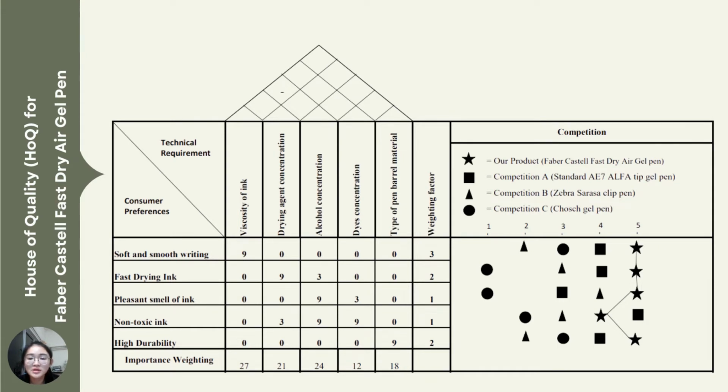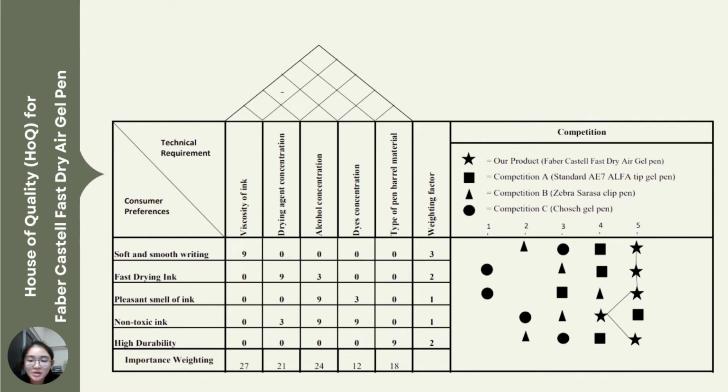Next, the toxicity of a pen ink strongly depends on the alcohol and dye concentration with the score of 9, and also the drying agent concentration with a score of 3. As we know, a pen ink is considered minimally toxic. If the alcohol and dye concentration is out of parameter, it can be hazardous to user health.